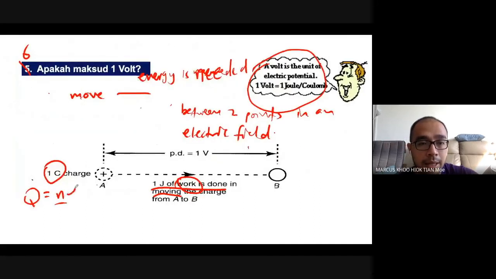Q equals N times E. So let's say my charge is 1 coulomb, and my E is 1.6 times 10 to the power of negative 19. Can you calculate for me the N, please? 1 coulomb, and then E is 1.6 times 10 to the power of negative 19. What is the value of N?